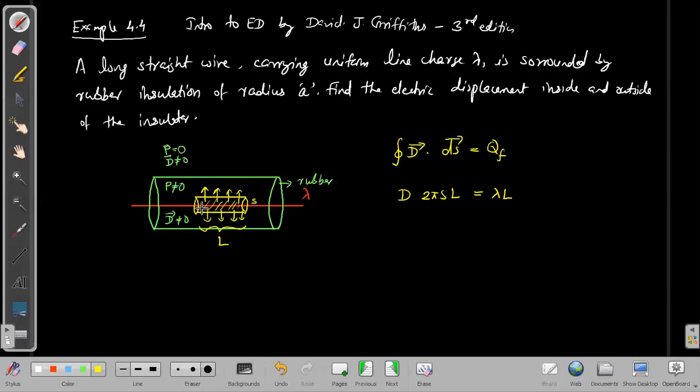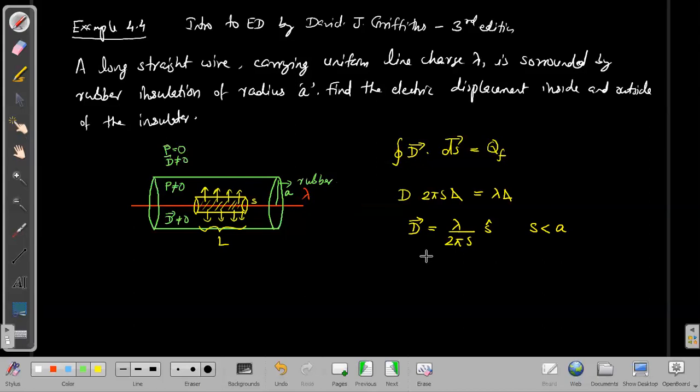So for length L, this will contain lambda L charge. Therefore the magnitude of D takes the form, the L cancels, lambda over 2 pi s. And what would be the direction? The direction should be along the radial direction. So this would be the electric displacement for s less than the radius of this insulating sheet, which has radius a.